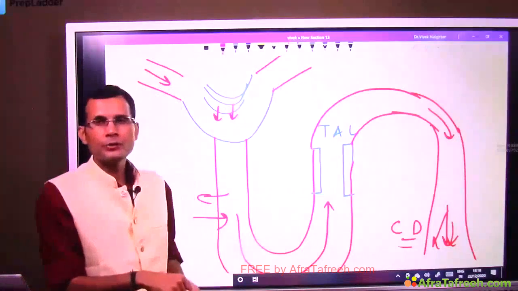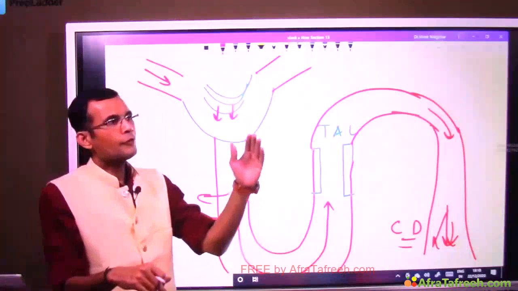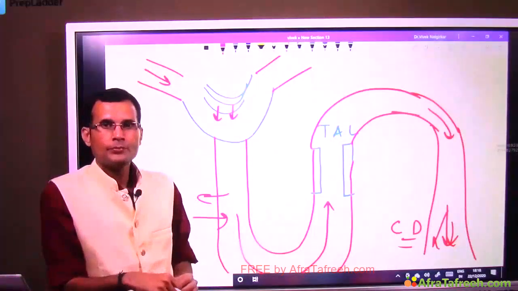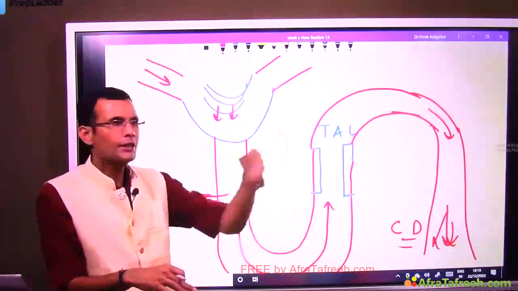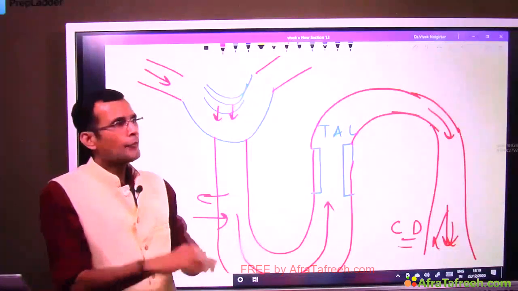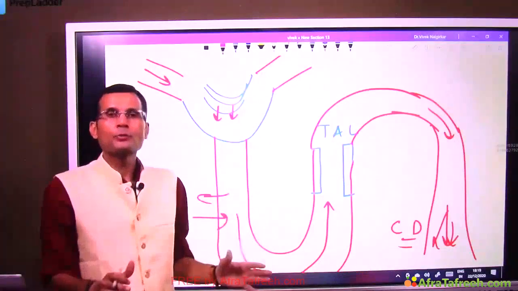Three steps in urine formation. The example is something like this. Suppose we have to set up a cupboard. There are a few things already there in the cupboard, the books and the other stuff, and we want to clean it up. So what do we do?